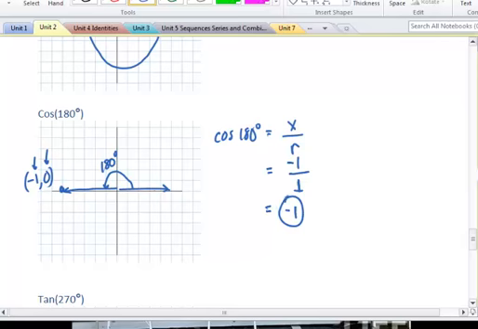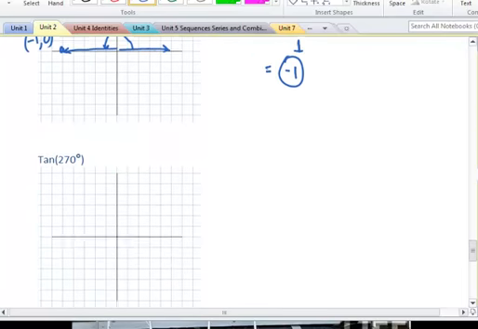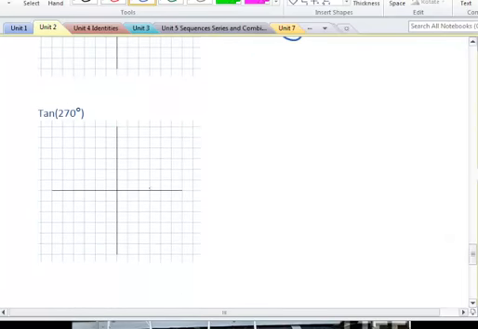Now we have all sorts of gimmicks and ways to get you guys to remember these values for the quadrant lines. For instance, on the tangent of 270, we're going to draw an angle that goes to 270, and the coordinate here again will be 0 in the x and -1 in the y because it's pointing down, so that's -1 length.